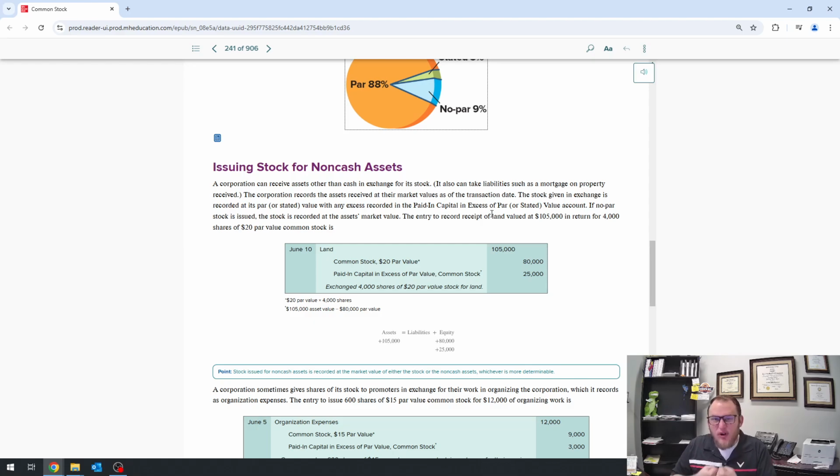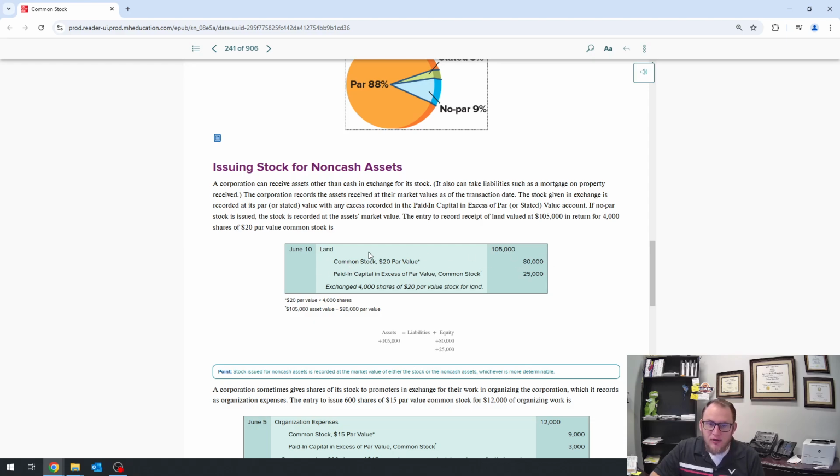They got land for $105,000 in return for 4,000 shares of $20 par value stock. So instead of receiving $105,000 in cash, they received land that has a value of $105,000 in exchange for that common stock. So very similar to what we were looking at when we're getting cash, except we're not getting cash, we're getting land. So we received land, so debit land for $105,000.